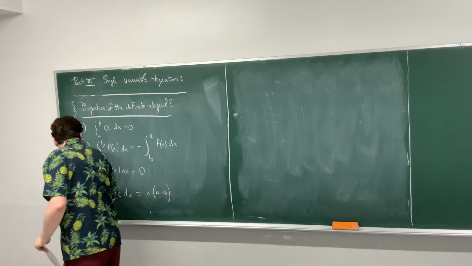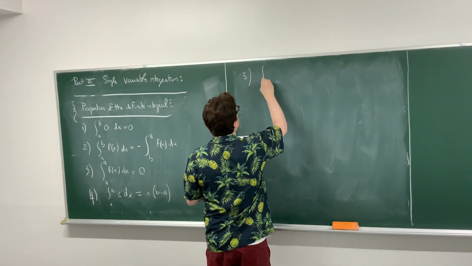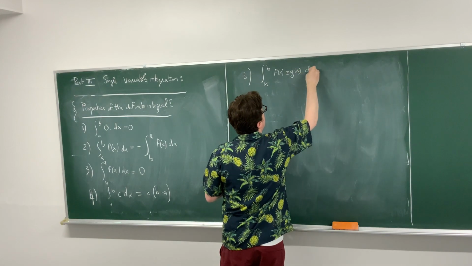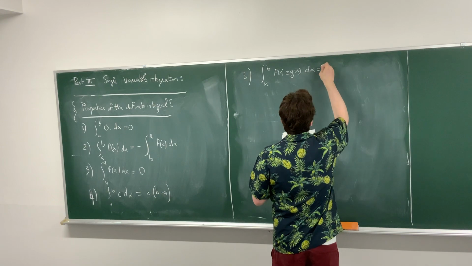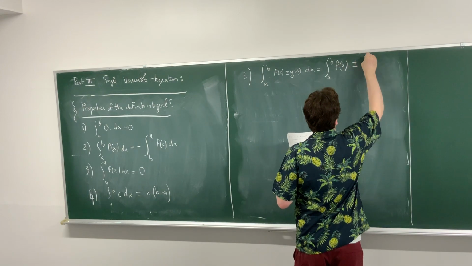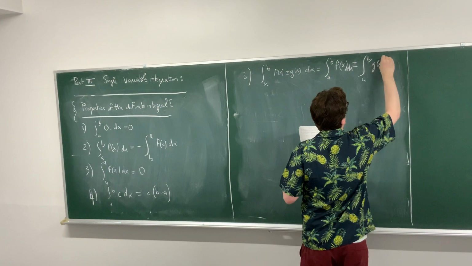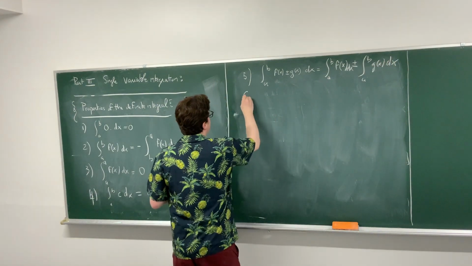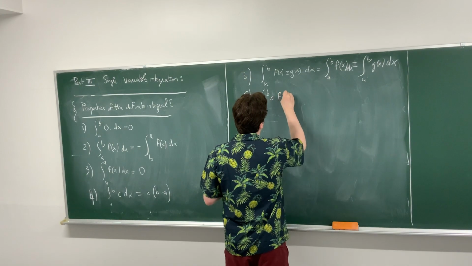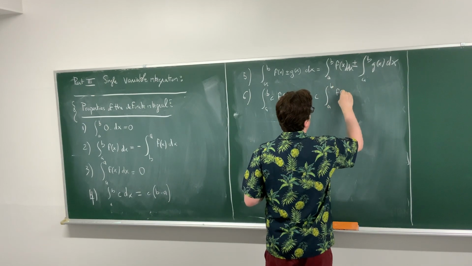Property 5 says that the integral between a and b of f of x plus or minus g of x, times dx, is equal to the addition or subtraction of the two integrals, of f of x dx and g of x dx. Property 6: the integral between a and b of c times f of x dx is c times the integral of f of x dx.